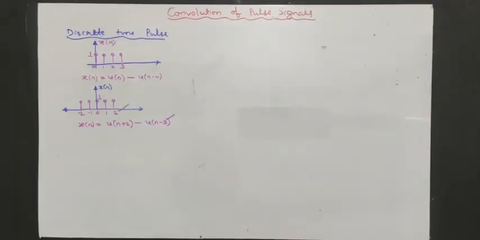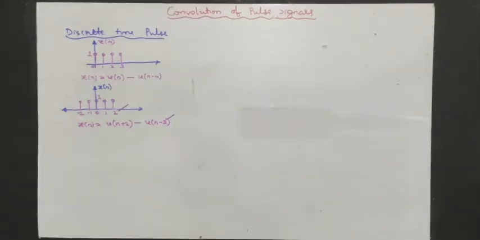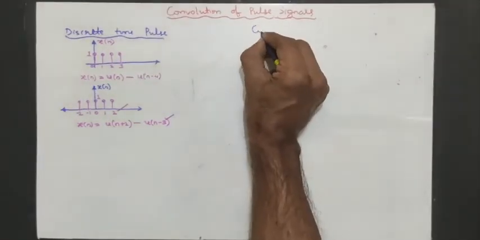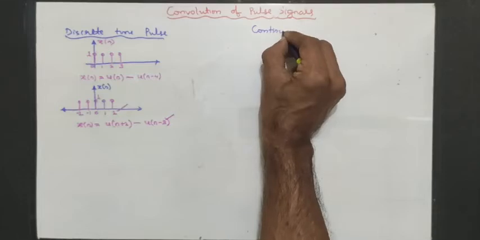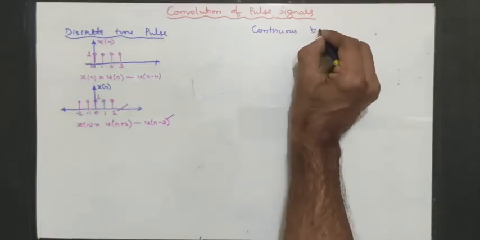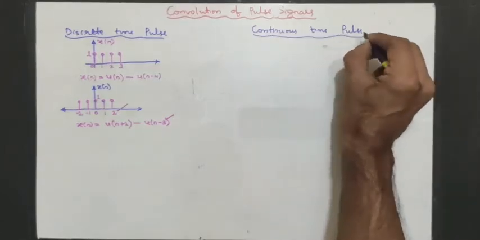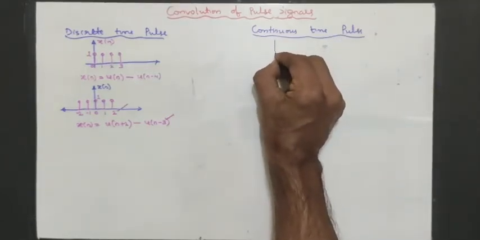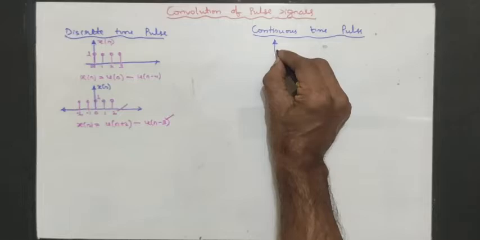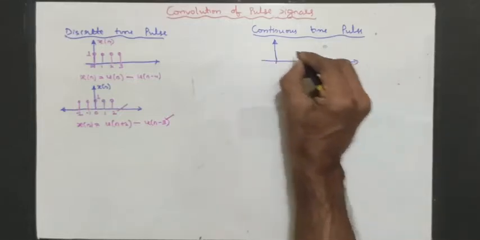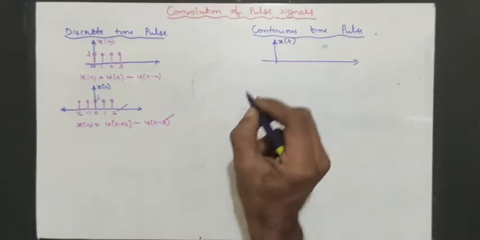The same concept, if I tell in continuous time pulse, you have to be very careful. How to write continuous time pulses? For example, in case of continuous time, it becomes x of t.